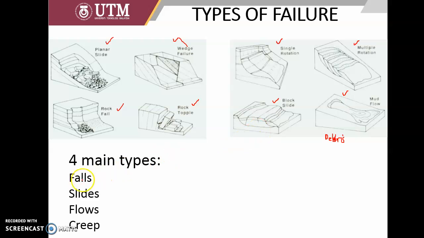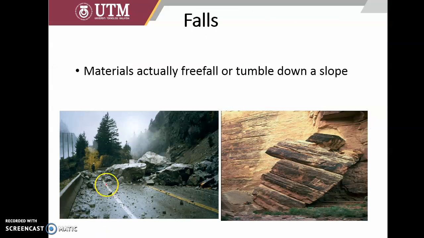And it can be falls, slides, flows, or creep, which is very slow movement. Falls are a fast rate of slope failure, so it can tumble or free fall without any warning.